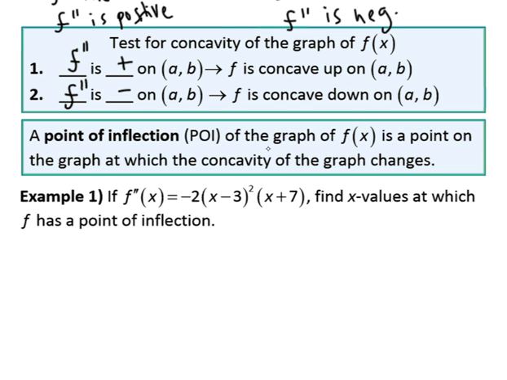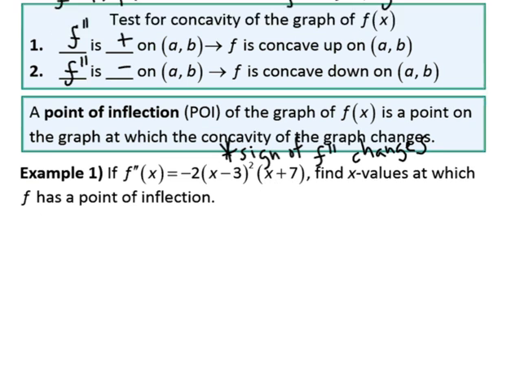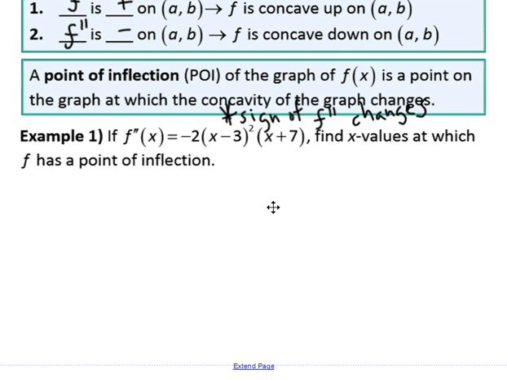So a point of inflection of the graph of f is a point on the graph at which the concavity of the graph changes. That is, the sign of f double prime changes. Okay, so that's important. So now we're going to be looking at points of inflection, just like we were looking for mins and maxes before with f prime.